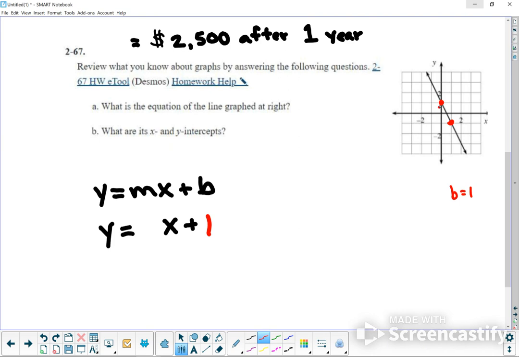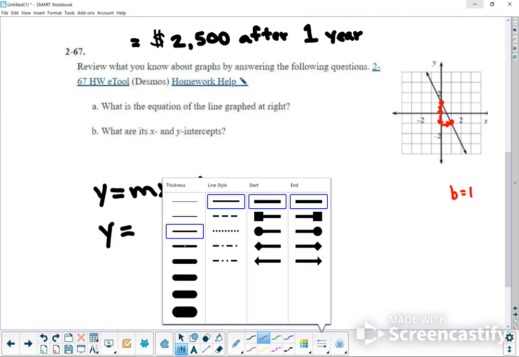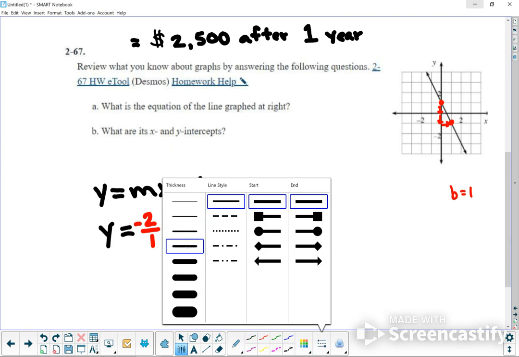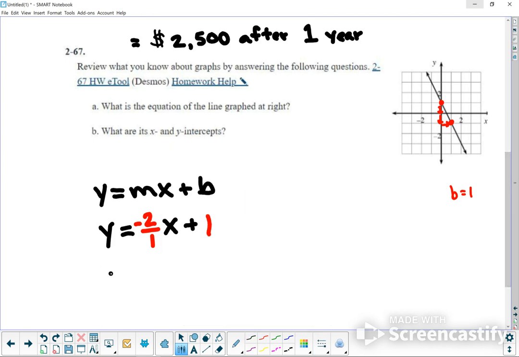So this one is actually not rising, it's going down. So that's -2, and to the right 1. So the m is going to be -2, which is down 2 and over 1. Your final equation is going to be y equals -2x plus 1.